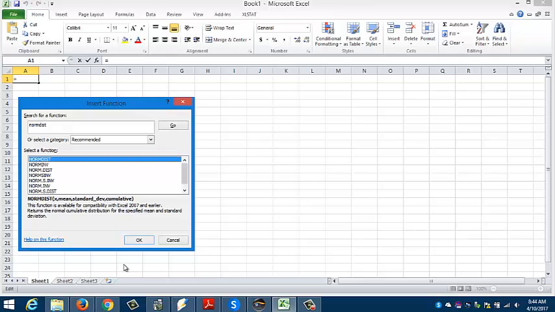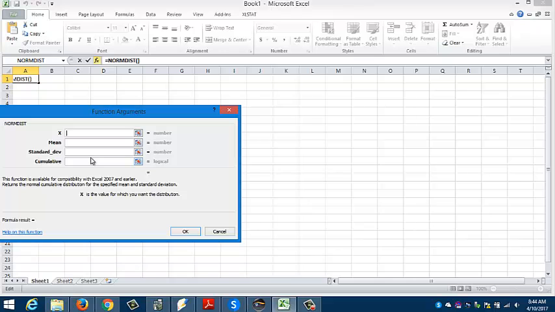There's the function, normal distribution. And then it says of what? What do you want your x value to be? Or do you want cumulative? We want cumulative, right? Because we've been doing normal cumulative distribution.